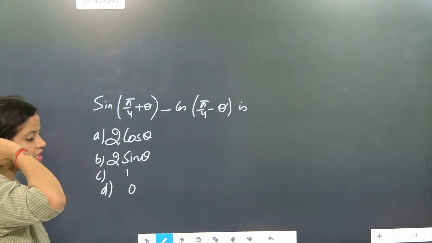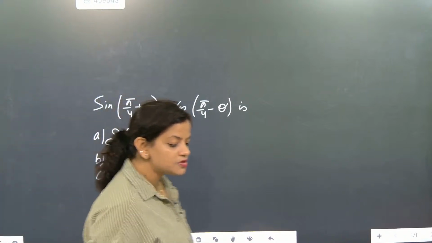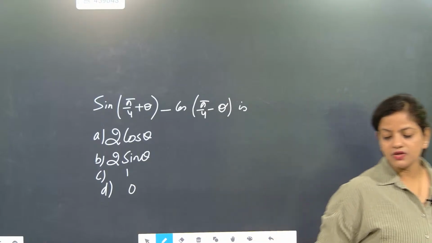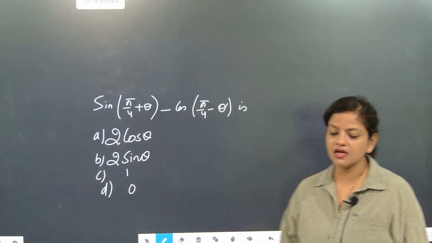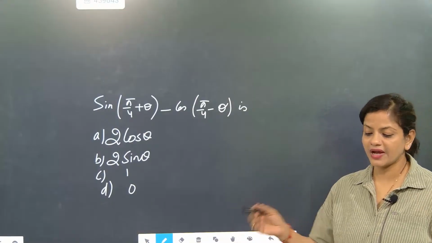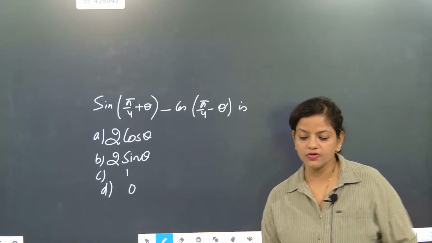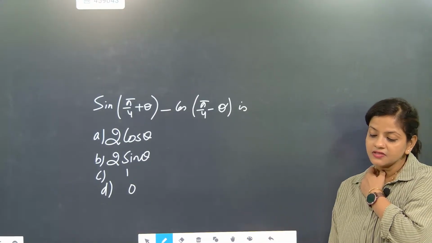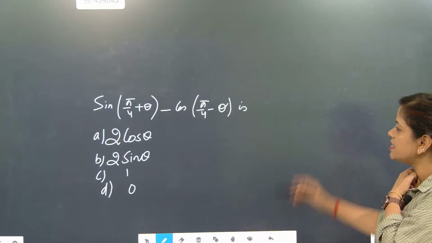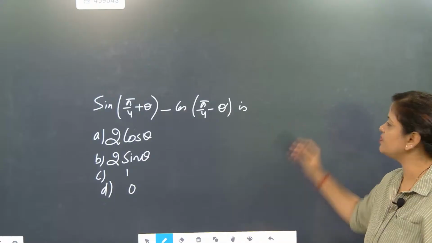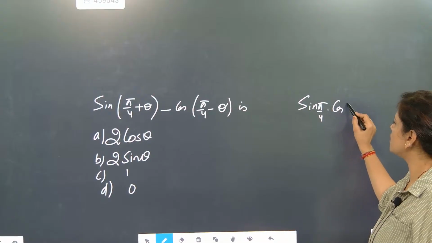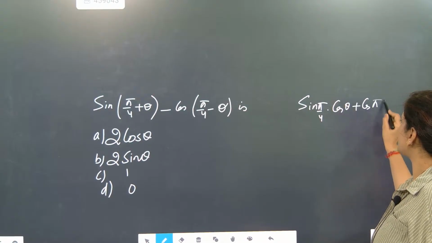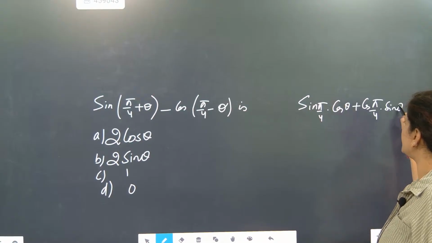What expected answers are you thinking about this question? What can be the answer of this question, beta? You see here sine of pi by 4 plus theta, and here sine of pi by 4 minus theta is there. Very good, Seema. The answer you have told is C. Let's see. Now look at this, beta. Sine of a plus b formula will be what? Sine pi by 4 into cos theta plus cos pi by 4 into sine theta.